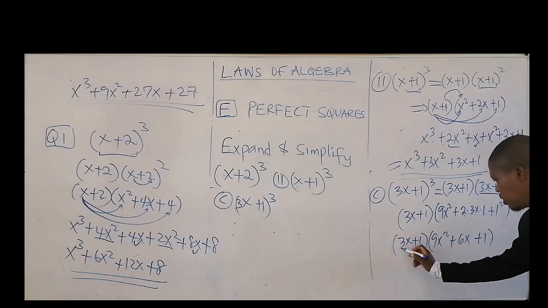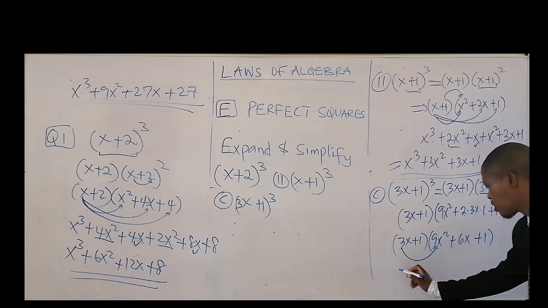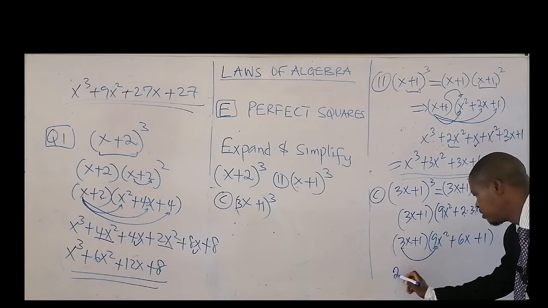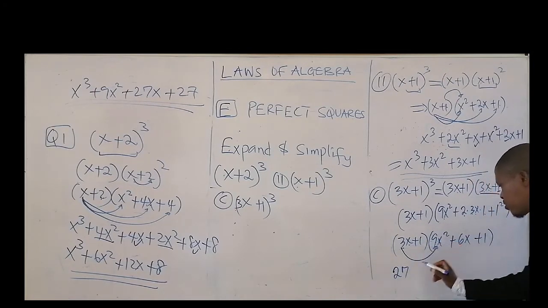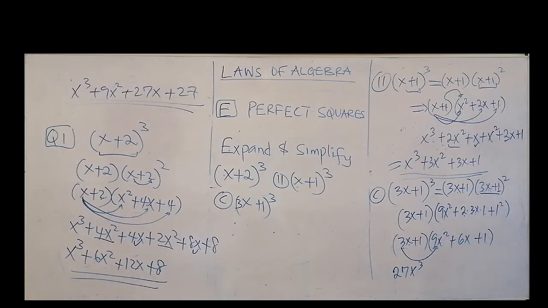So finally, then we can do this expansion, so times this one, that's 3 times 9, that's 27, then x times x squared, that's x cubed, and this one again times this one, that's plus 18x, and then this one times 1 plus what? Plus 3x. Then this one times this one, that's plus 9x squared. This one again times this one, that's plus 6x. Then this one again times 1 plus 1.